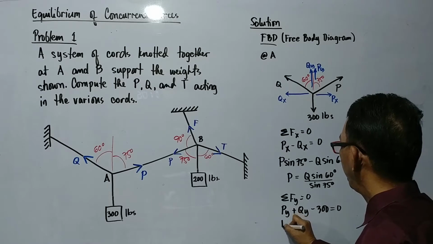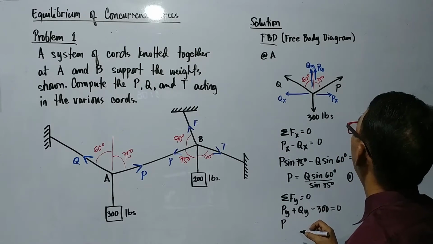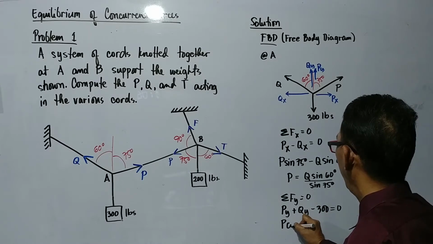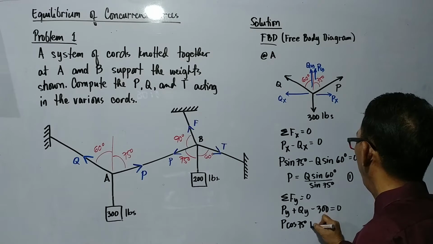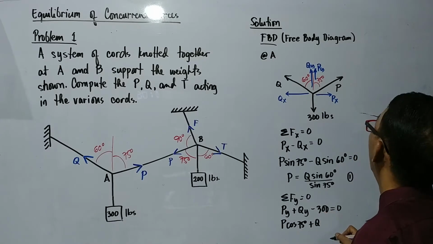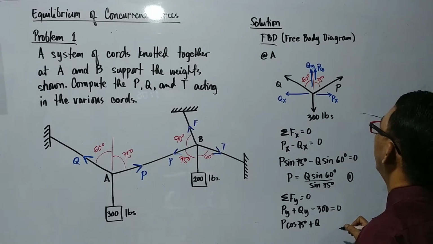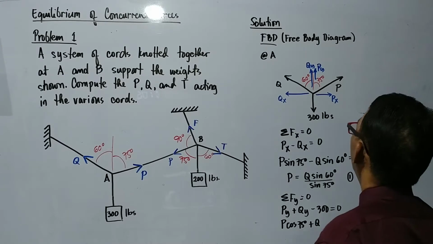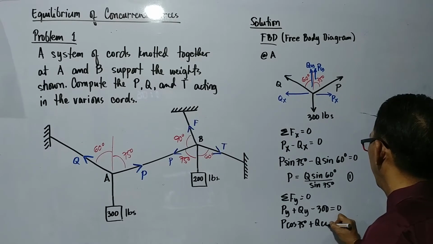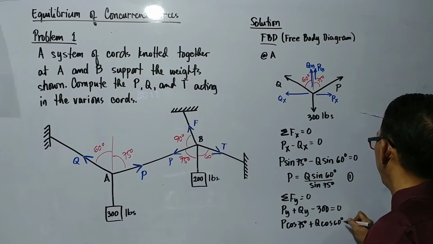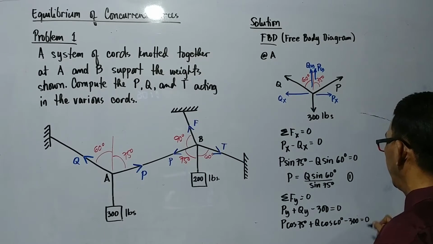Our PY is P cosine 75 plus Q cosine 60 minus 300 equals 0.